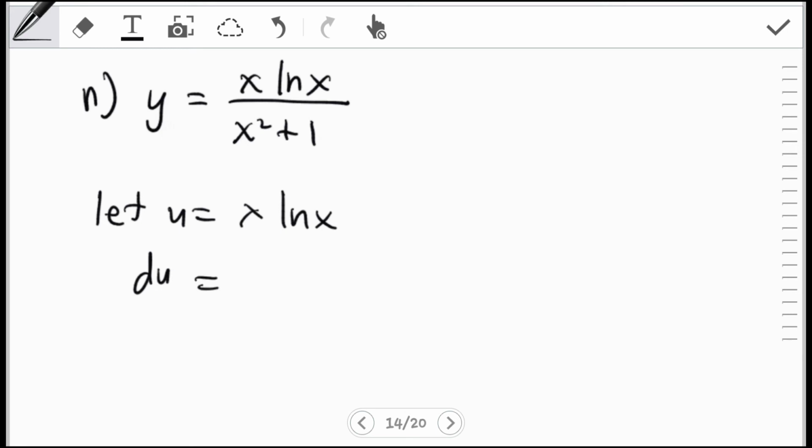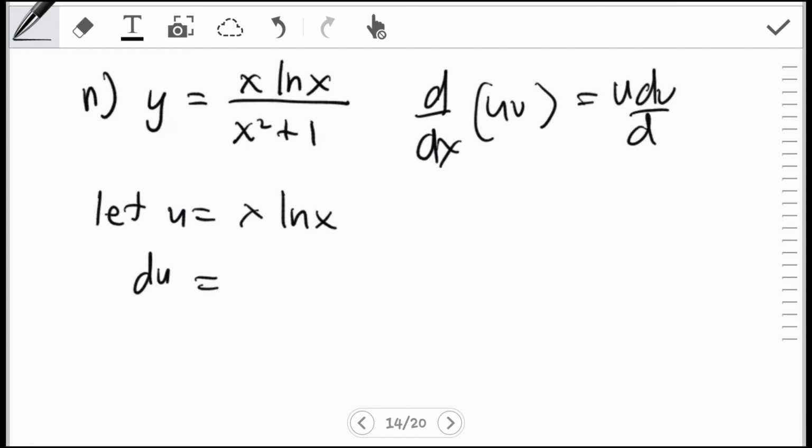So again, for x ln x, we can apply the formula d over dx of uv equals u dv over dx plus v du over dx.